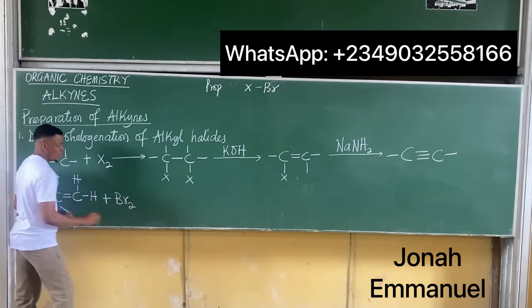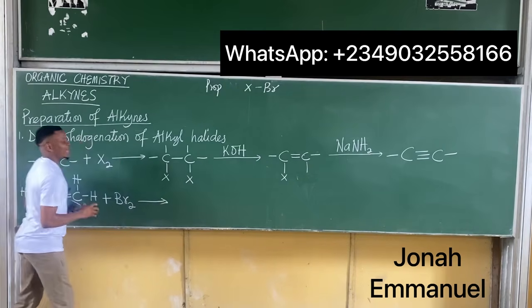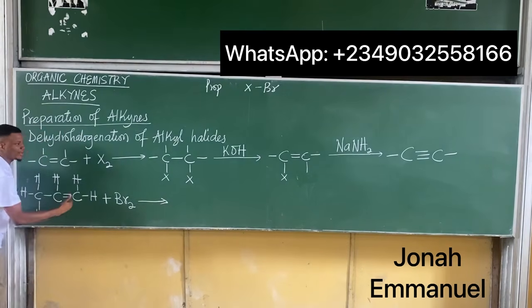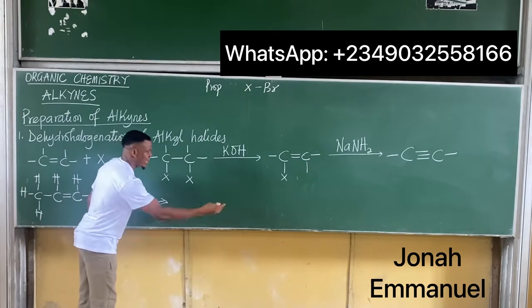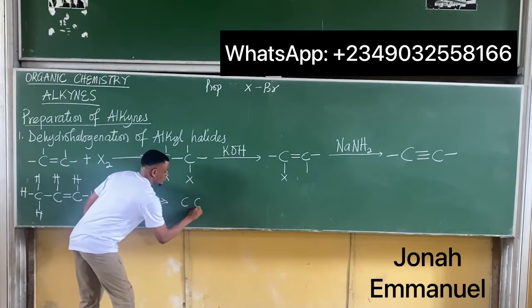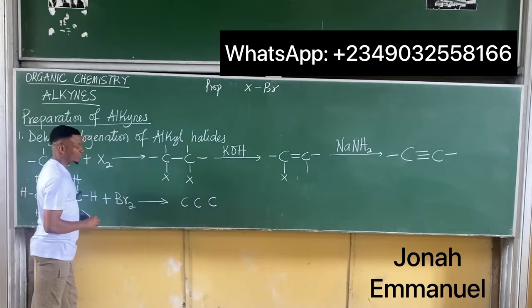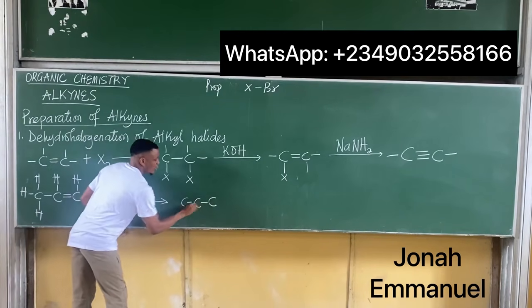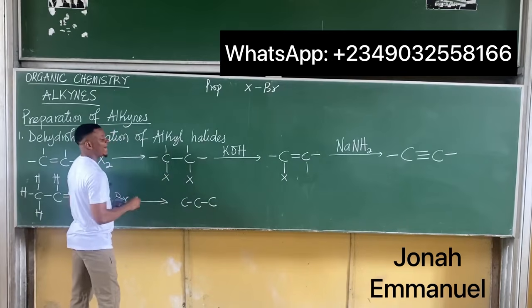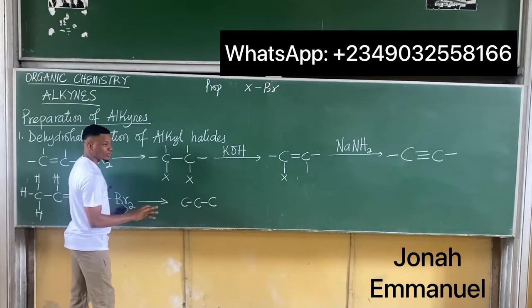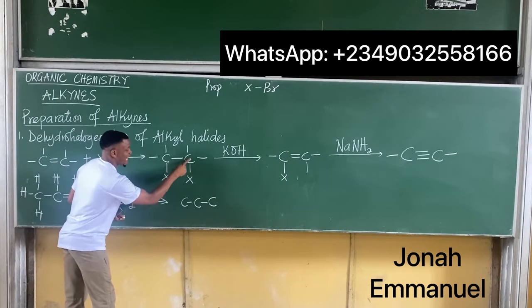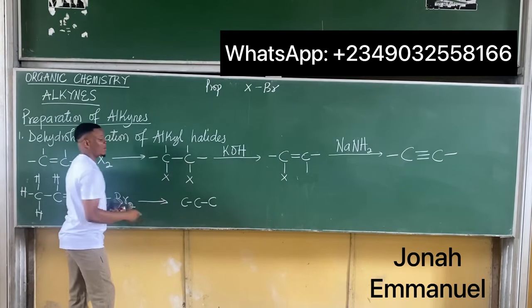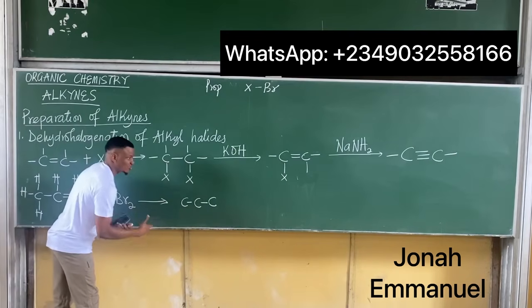That's simple. Moving on, the next one here gives you the corresponding compound. In other words, if I have 1, 2, 3 carbon here, I must also have 1, 2, 3 carbon here. Observe that in this one I have just single bonds. There are no double bonds. The only difference is that for this compound, 2 carbons are bearing X and X. So my question will now be, which 2 carbons here should bear the X?